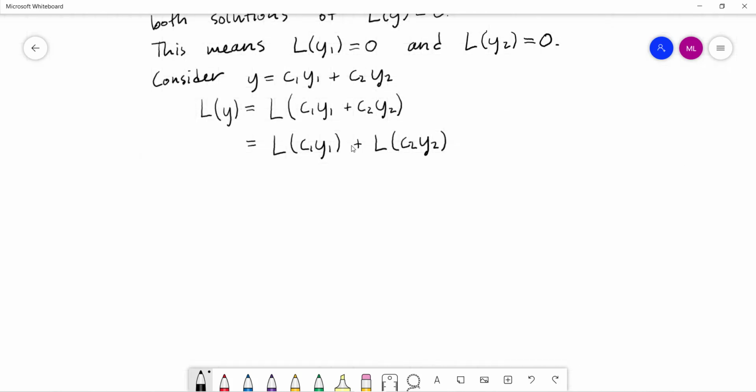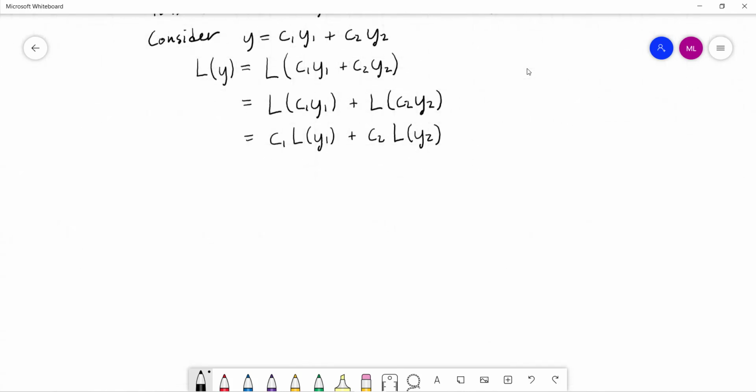And furthermore, this was one property of a linear operator that says if you have the linear operator applied to the sum of two functions, you can break that up as the linear operator of the two functions individually. And the second property of a linear operator was that we could pull constants out. So I can rewrite this as c1 times L of y1 plus c2 times L of y2.